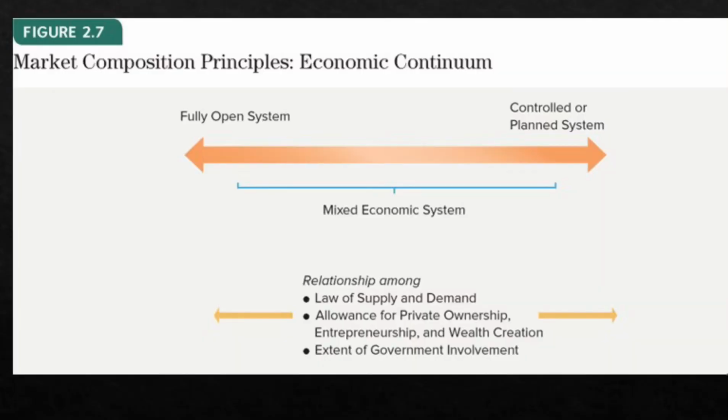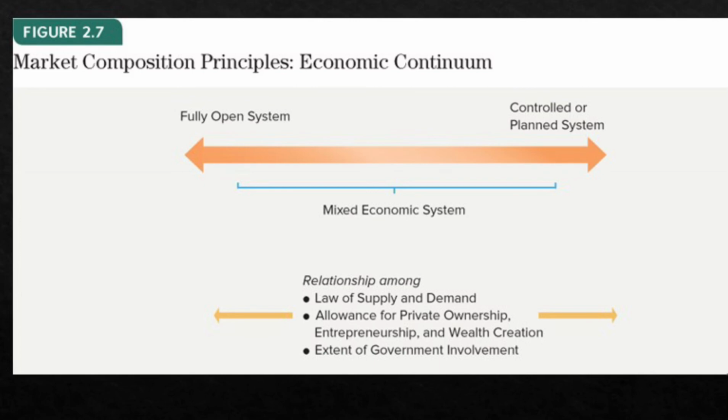We talked about these different systems. Consider it as a continuum. On one end of the continuum, we have the fully open system. It's an economic system that adheres to total economic freedom and to the law of supply and demand. It has open access to private ownership, entrepreneurship, and wealth creation, and there is minimal or sometimes no regulation on the part of government.